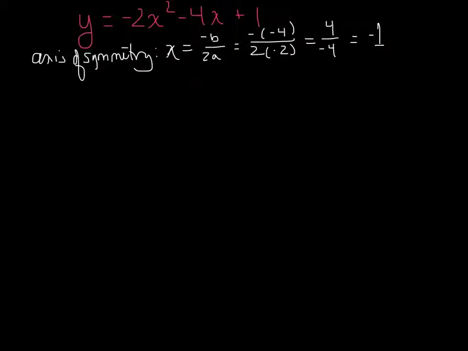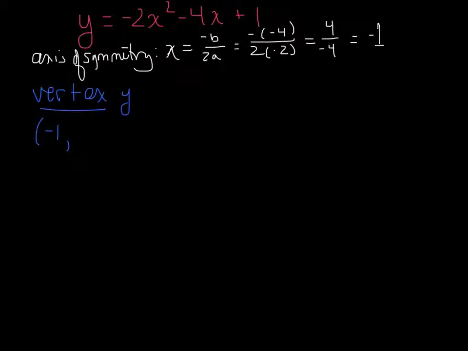And if you remember from the previous page that we had, we use that to help us calculate what the vertex is going to be. The vertex x-coordinate is a negative 1. And now we need to figure out what the y value is going to be. We do that by plugging this in.